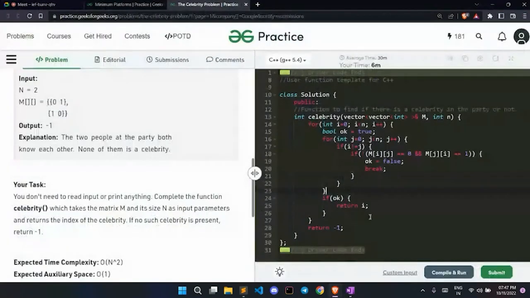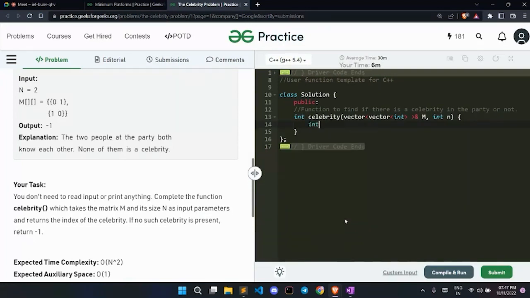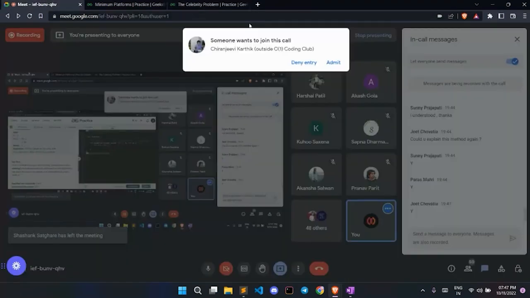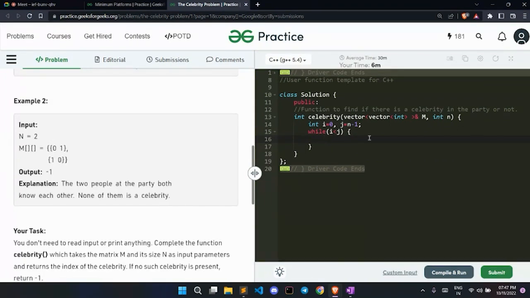Okay, so let's try to code this one. So we will set I equal to 0, j equal to n minus 1. Now after this, we will check until I is less than j. That means until we have more than 1 person in our list, till that time we will check.